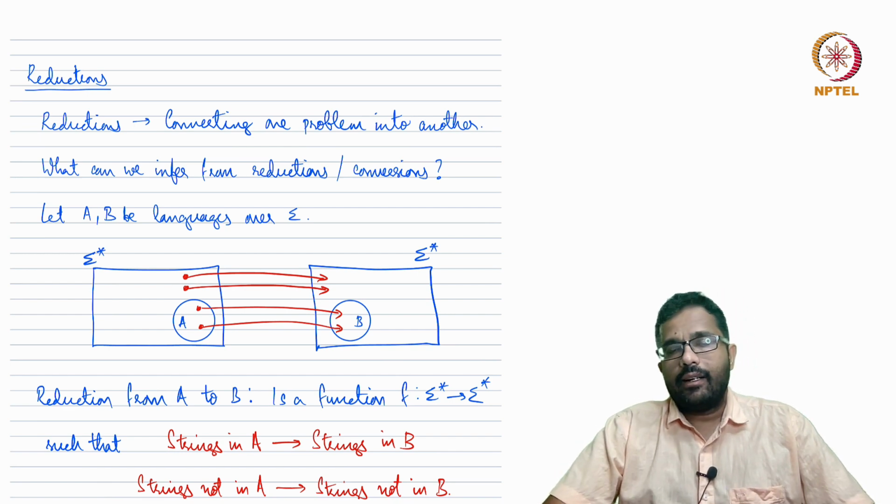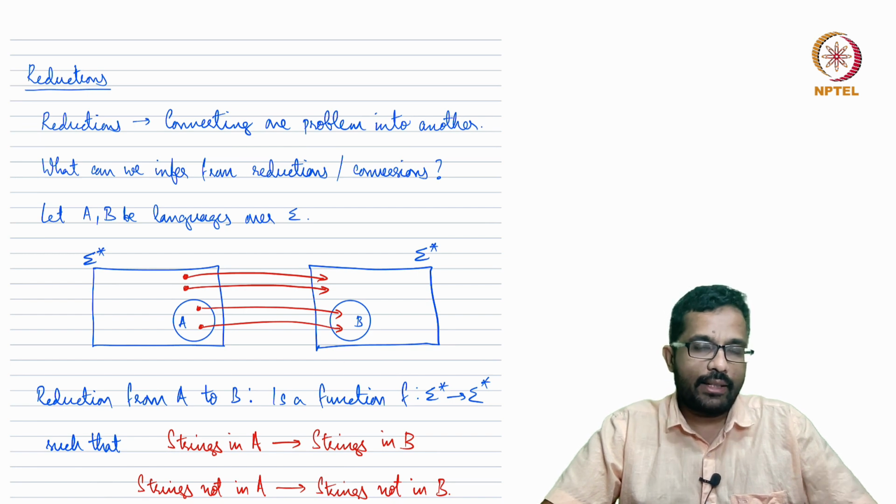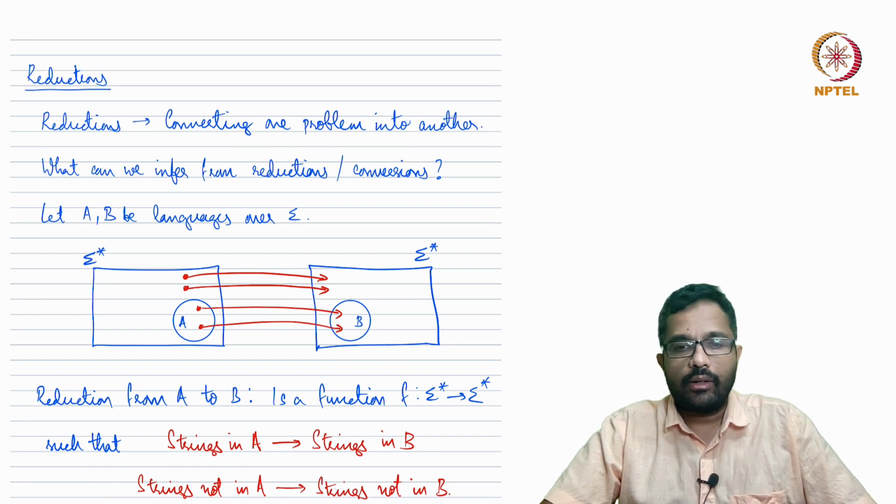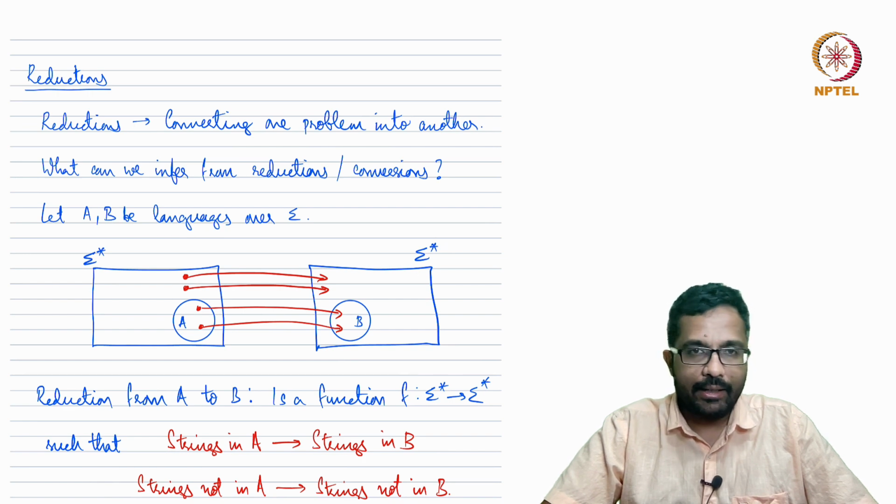In week 7, we saw languages that are decidable, and then we saw one undecidable language, which was the language ATM, which we also refer to as the halting problem.